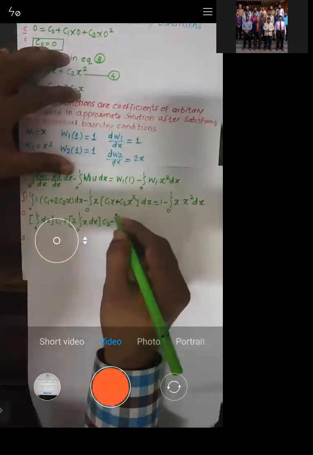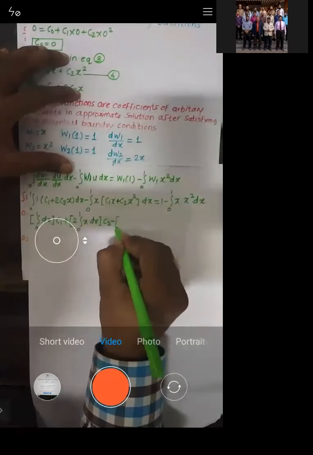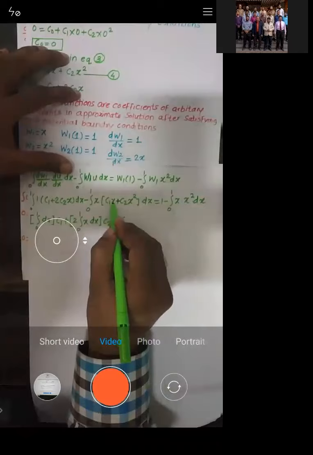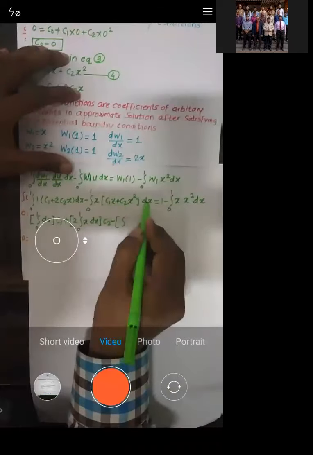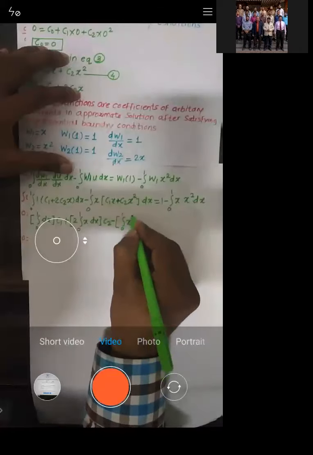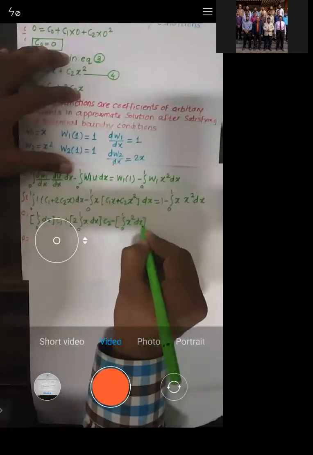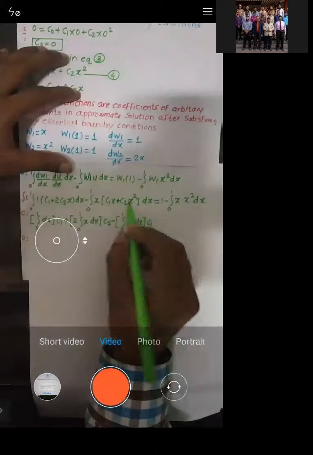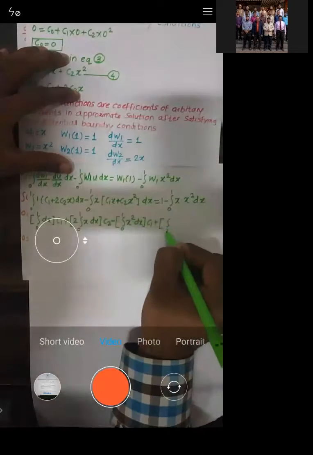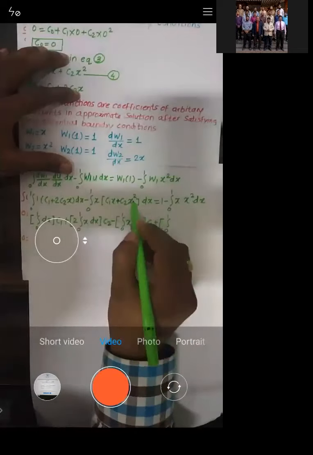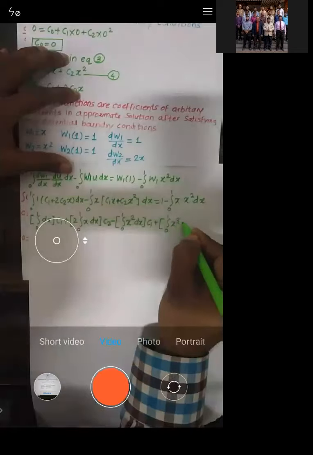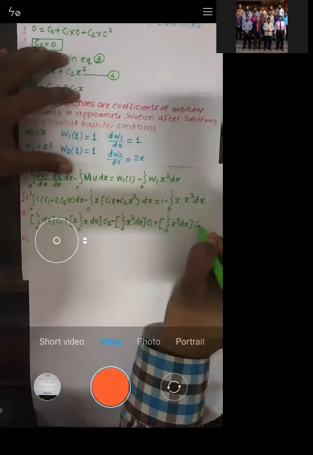Minus, now I'll integrate it. Minus the integration from 0 to 1, you can see this x and x is x square c1 dx. Next, x into this term: plus the integration from 0 to 1 of x into this, which is x cube dx, into the coefficient c2.